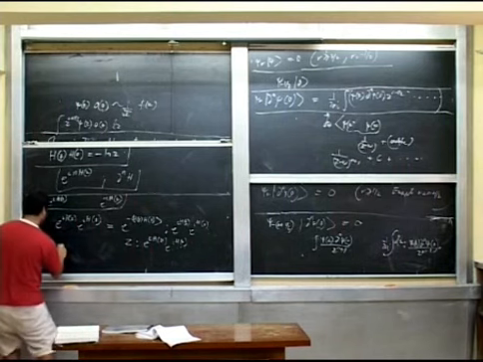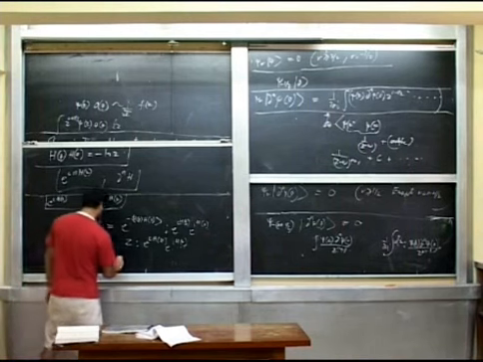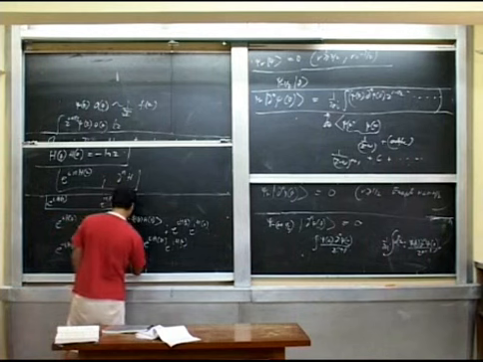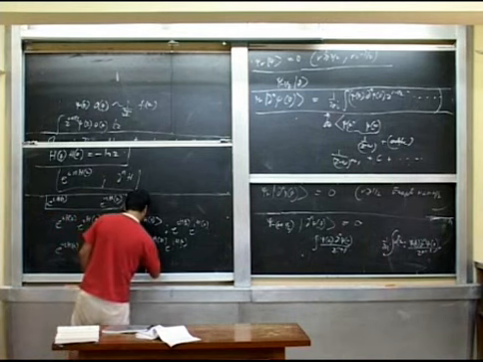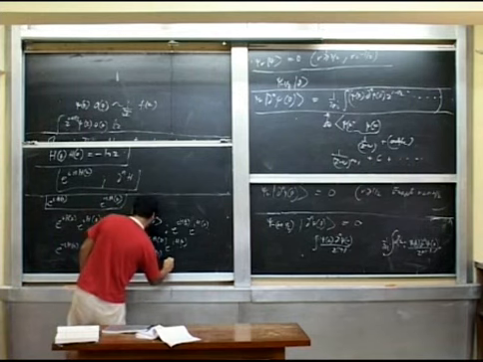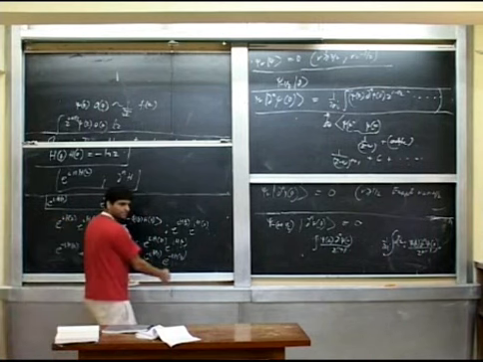Similarly, e to the power minus i h of z, e to the power minus i h of 0 is equal to z times the normal ordered e to the power minus i h of z e to the power minus i h.